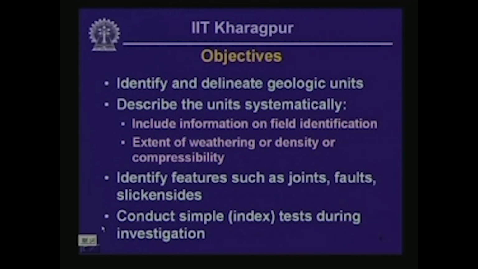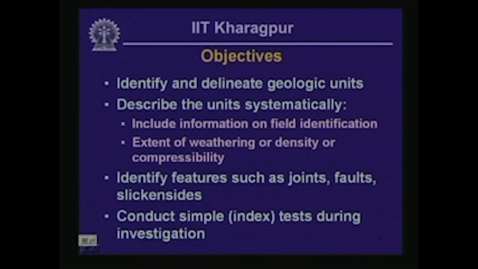Then the second thing is, we want to describe each of those units systematically, and this description should include information on field identification of these units. For instance, the inspector needs to say whether the layer being encountered during the subsurface investigation consists of sand size particles, or is mainly composed of clay size particles, or whether it is sandstone or limestone or what have you.